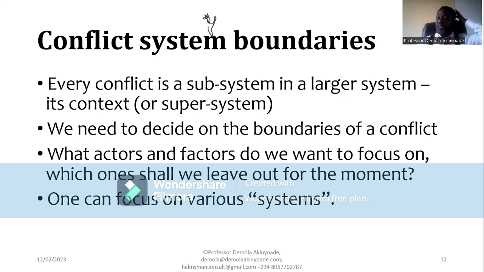So we need to determine to what extent, what will be the boundary of our analysis. Who are the actors? Do we need to bring in analysis of, let's say, the presidential candidates, their personality or their interest in that family dispute? That may not be necessary.